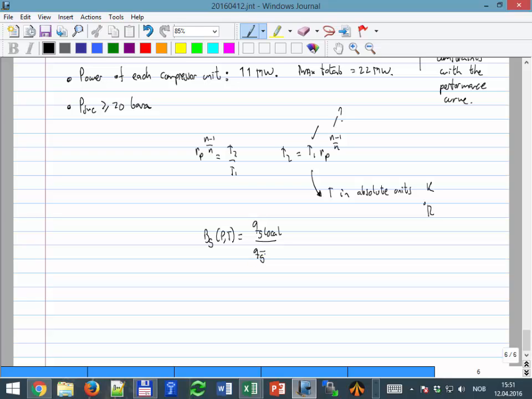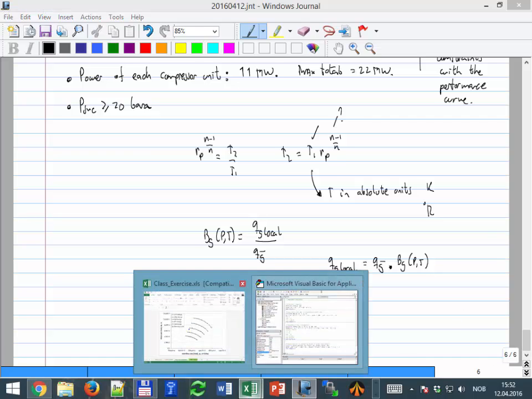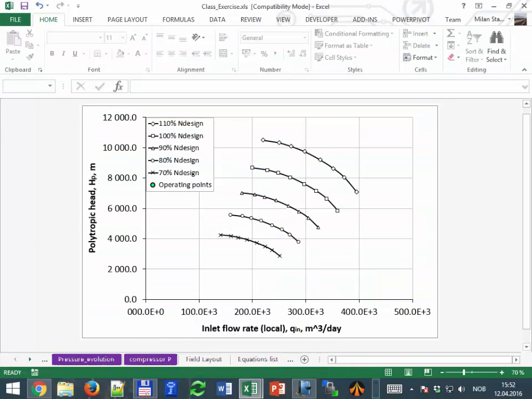So if you have the rate at standard conditions, then you can calculate QG local just like QG times BG at P and T, which is just the same as applying equal masses in the equation of state, in one condition and in another condition. And I think I have programmed for you that BG already.